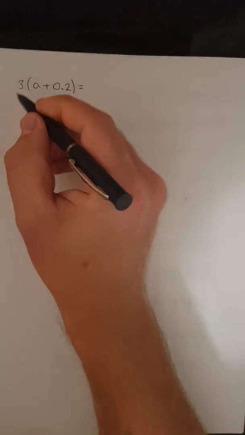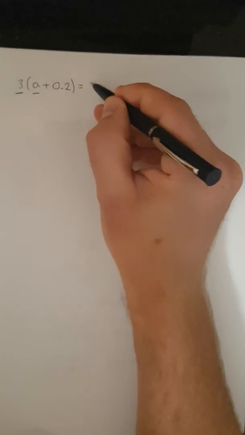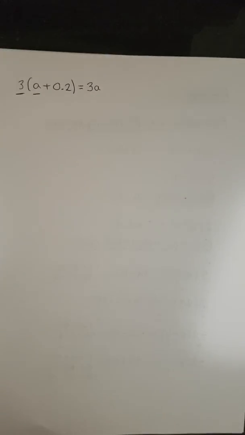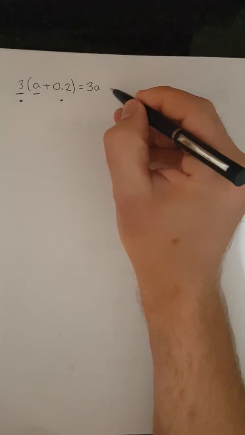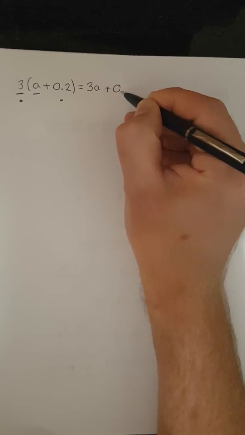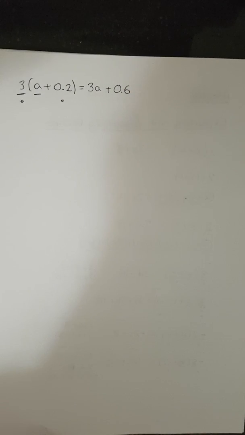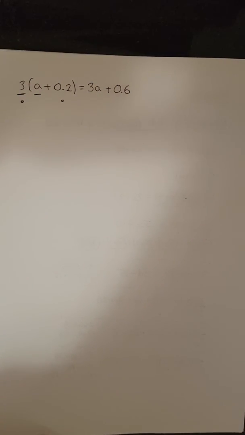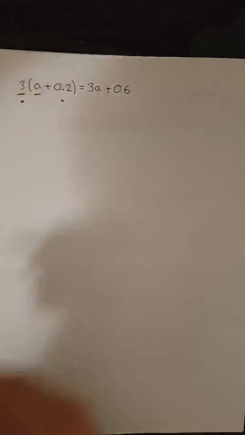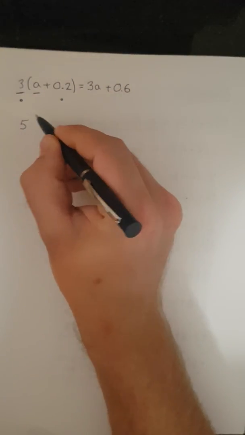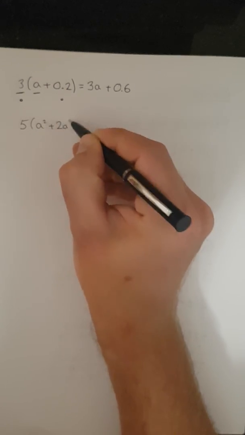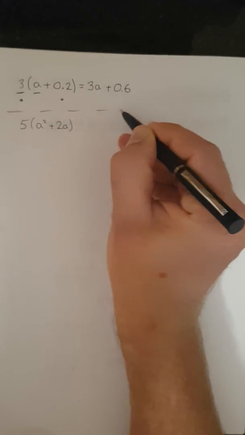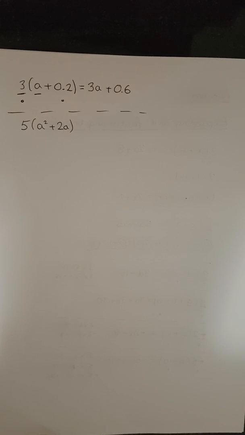Now the fact there's a decimal in there makes no difference. Three lots of 0.2 is 0.6. Does it make any difference if we have higher powers inside our bracket?